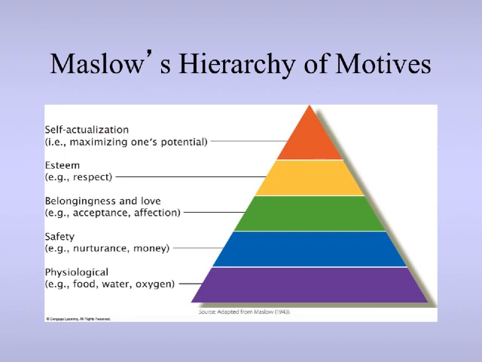Maslow would then say some people hit that point of self-actualization, which is maximizing one's potential. What that really means is that they are living in the moment, they trust themselves implicitly, they are professionally and personally setting their goals, meeting their goals.